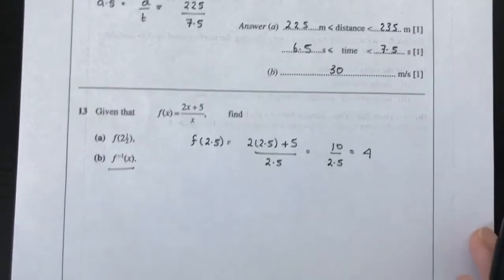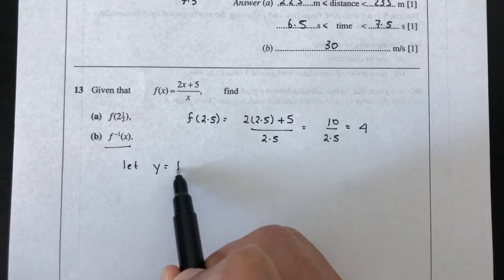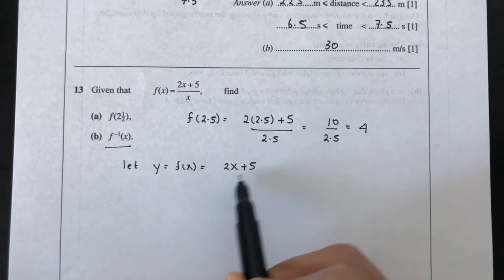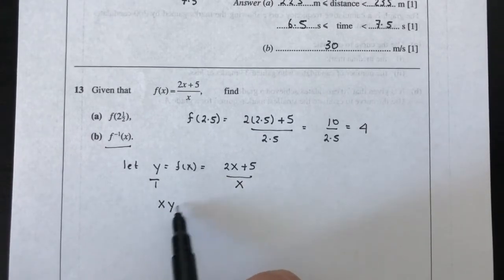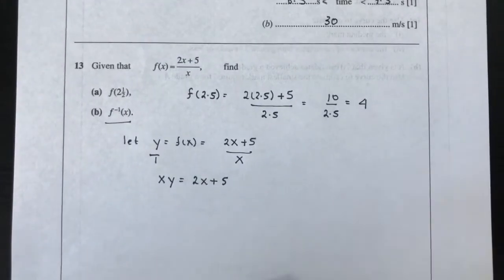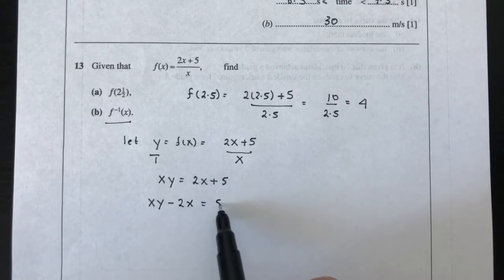Now for f inverse, as always, let y equal to f of x, which is equal to 2x plus 5 over x. Then we have to cross multiply. You have xy equal to 2x plus 5. Then we send x to one side. You will have xy minus 2x equal to 5.